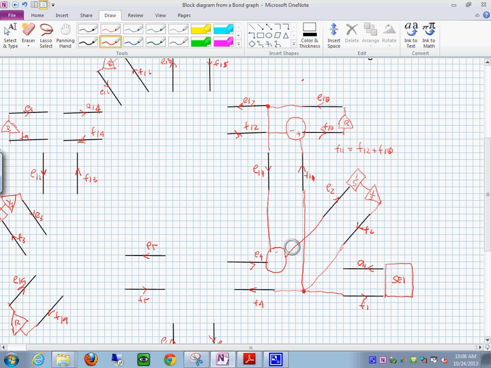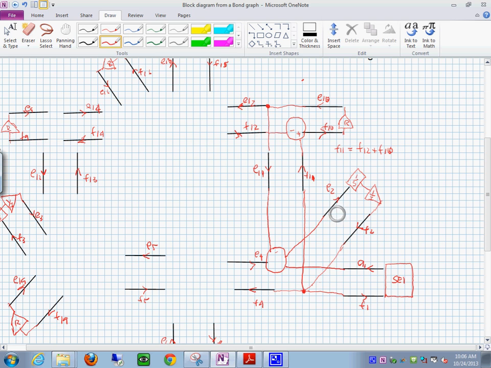Take a look on the way the signals are written in here. See, E11, E4 are coming, but E2 is out. And sorry, I think we need this one too, right? Right here.